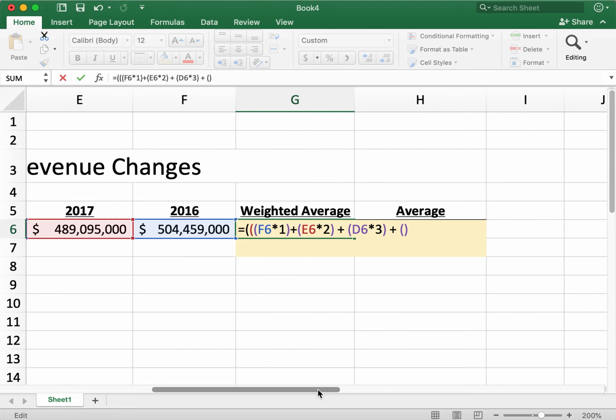C. Yep, so C, plus C6 times 4. Then, of course, made sure that we have that parenthesis closed out. And then we're going to divide that by 10.